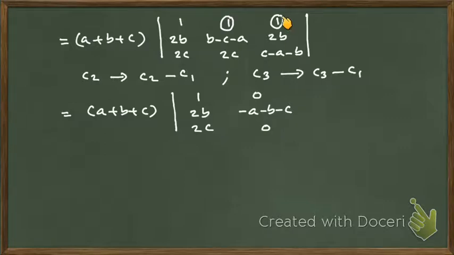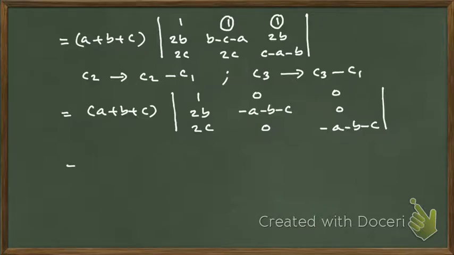Now C3 minus C1, 1 minus 1 is 0, 2B minus 2B is 0, C minus 2C is minus C, minus A minus B will stay the same.